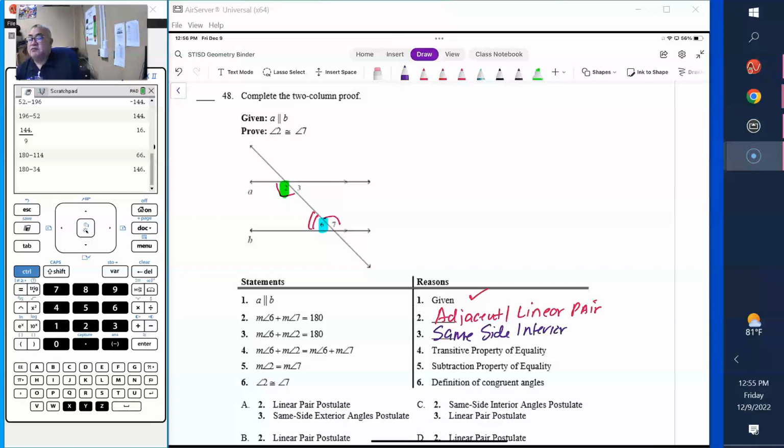And we know that same side interior angles are supplementary. So angle 6 and 7 are adjacent. Angle 6 and angle 2 are same side.